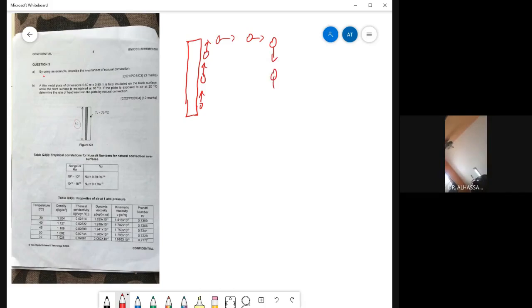Eventually they move down like this. These are high density fluids, which move downwards.